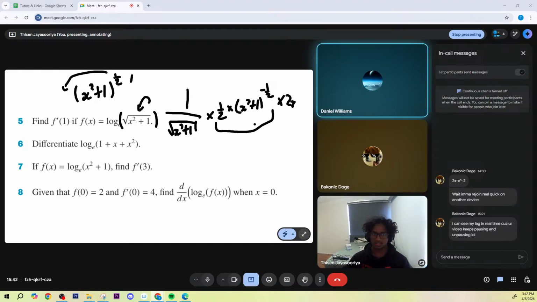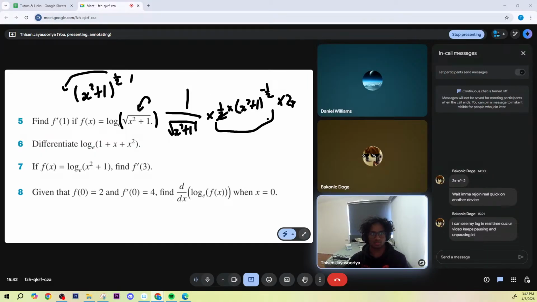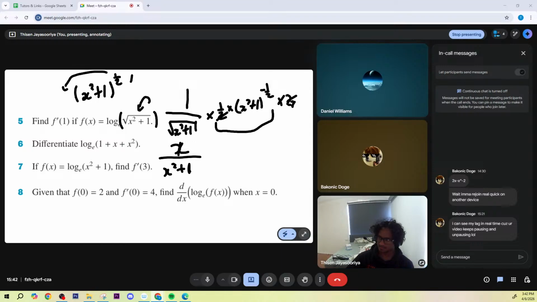Then I can simplify this. These 2's cancel out, and I can see that this is actually the same as this. So I get 1 over x squared plus 1 times x. Does that make sense to the 2 of you? Need some more practice on this.